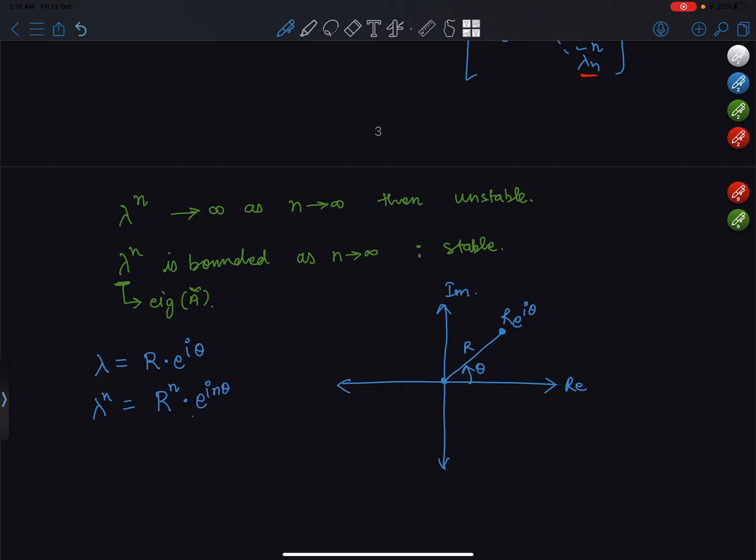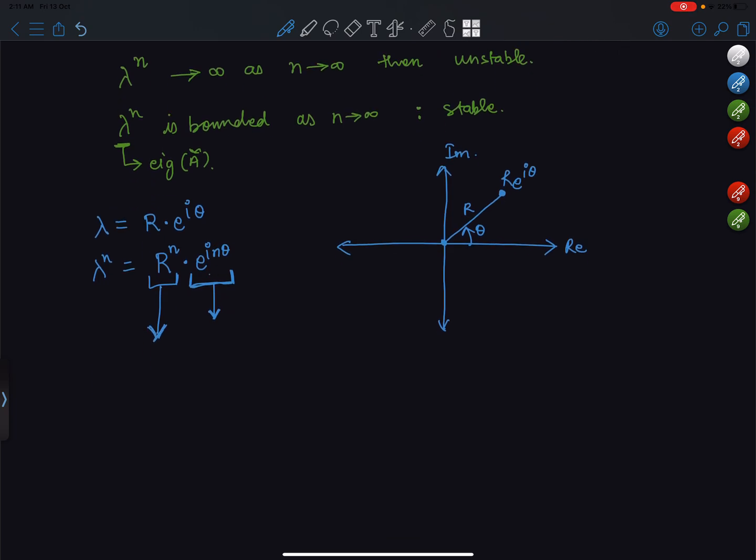So you realize this just gives you the angle of the complex number. It's actually the absolute value that is increasing. If we represent it here, the theta might change, but actually the absolute value is what will make it unstable.